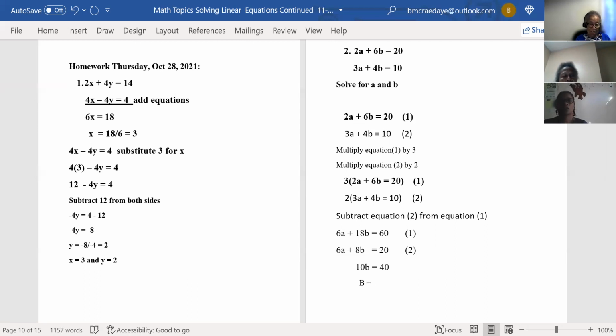Because since you have plus signs in front of the 18b and plus signs in front of 8b, I thought you had to add them.